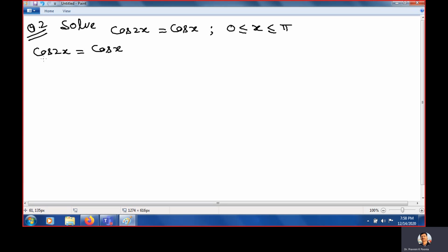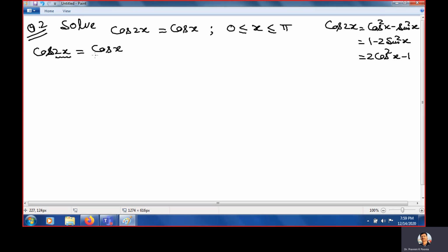Clear? Now, if you remember, in the variety of formulas when I was explaining double angles, in cosine 2x I explained you 3 formulae. What were the 3 formulae of cosine 2x? It is cos square x minus sine square x, it is 1 minus twice of sine square x, and it is twice of cos square x minus 1.